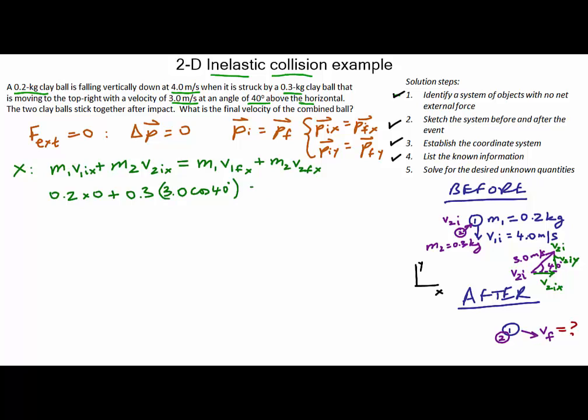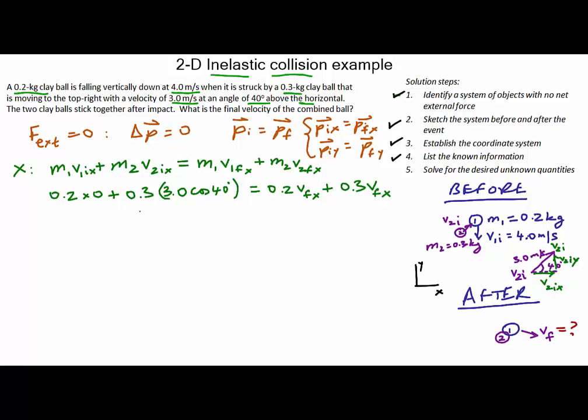So that's my left-hand side. And then on the right-hand side, I've got M1, which is 0.2 kilograms. And instead of V1fx, I can just write Vfx, because the two balls are sticking together and they have the same velocity. So I don't need to designate it as number 1 or number 2. And then for the next term, I got plus 0.3, again Vfx, same final velocity for both balls.